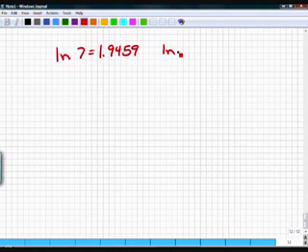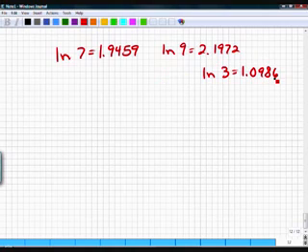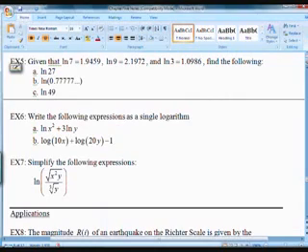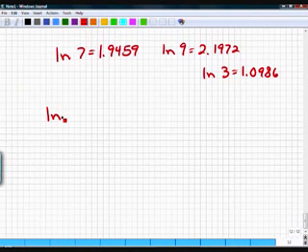Natural log of, what was yours, Ben? Which is 2 point, and Tina, yours was the natural log of 3. Thank you.